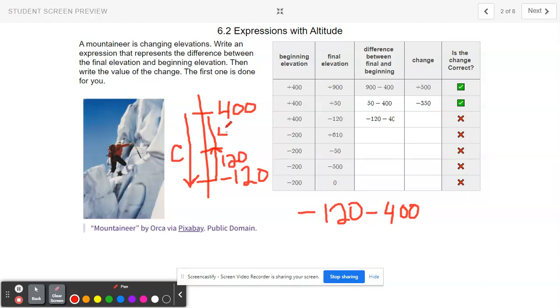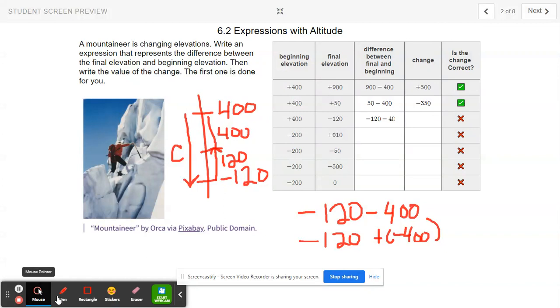Plus there's another 400 here. And so we're really doing negative 120 plus negative 400. And so I know total, that's 400 plus another 100 is 520. And I do know that this is negative because both of these are negative and my change is going down. So our total ends up being negative 520.